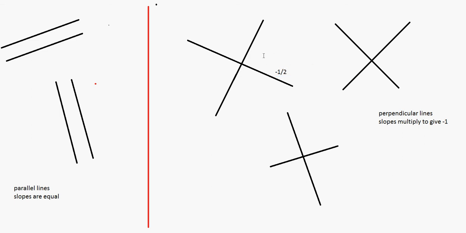Well, if this has a slope of -1/2, this one here must have a slope that is positive, not negative. And it must be something that multiplies by -1/2 to give -1. 2 would work. 2 times -1/2 equals -1. This line has slope -1. This line has slope +1. Again, the slopes multiply to give -1.